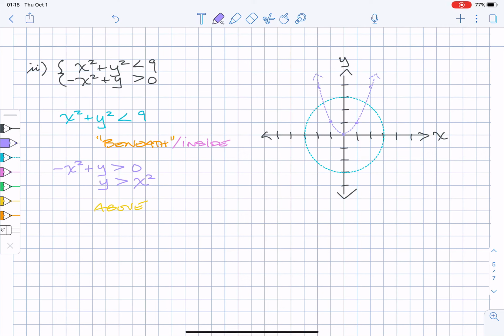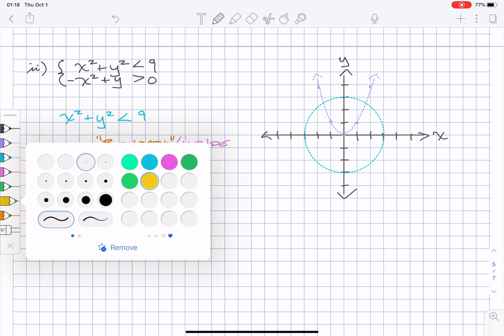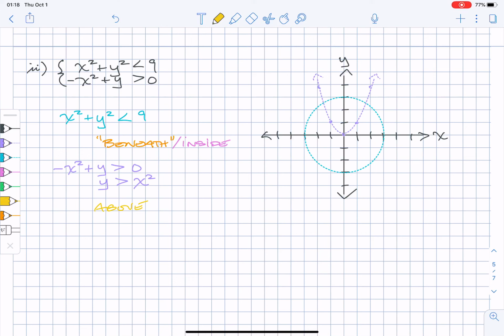Okay, so the region I'm looking for is simultaneously above the parabola and beneath the circle. So that's the solution set.